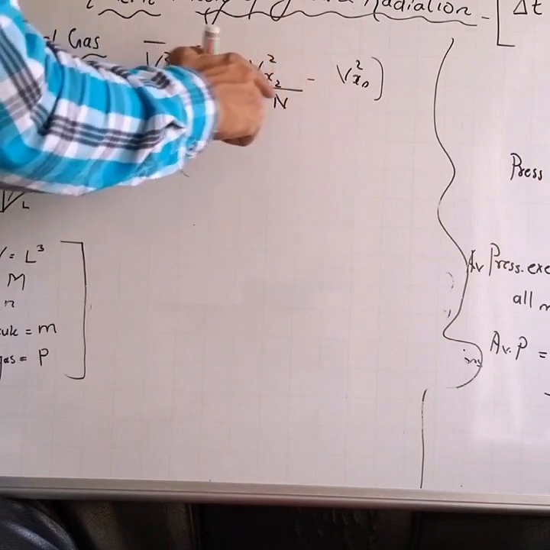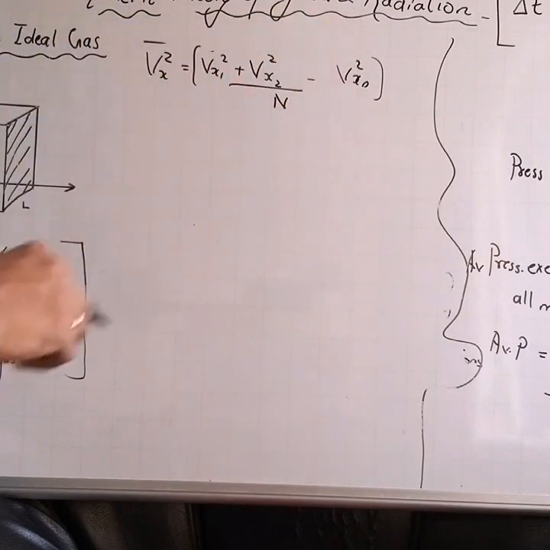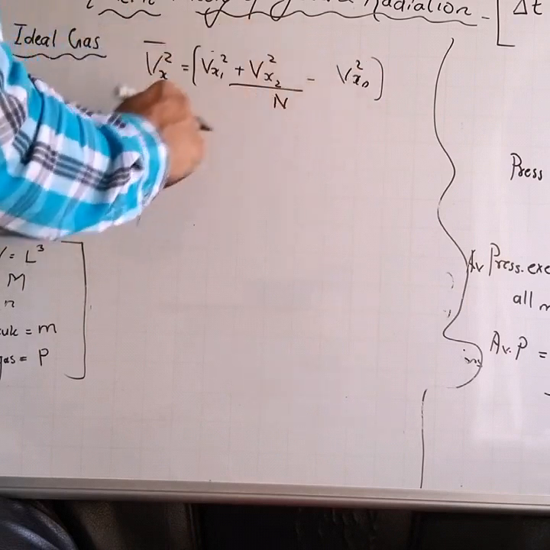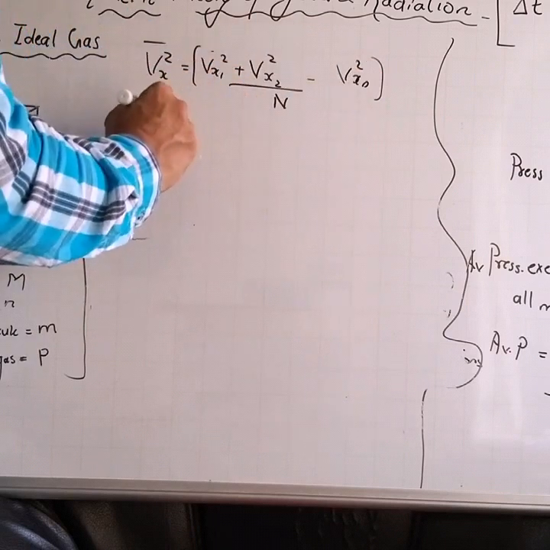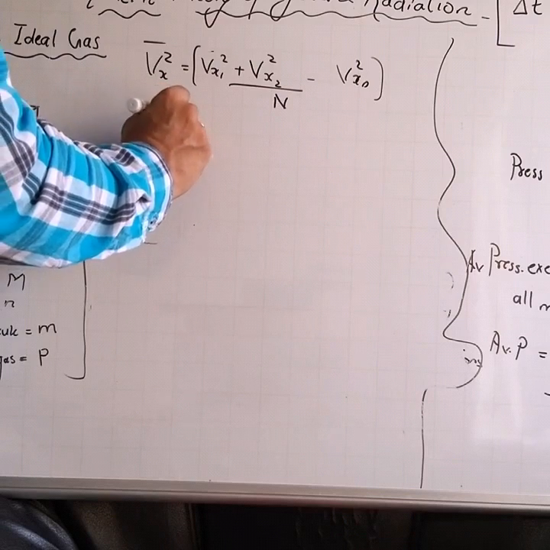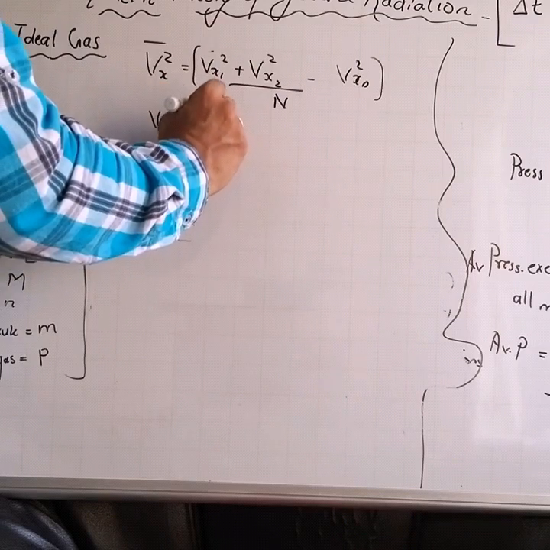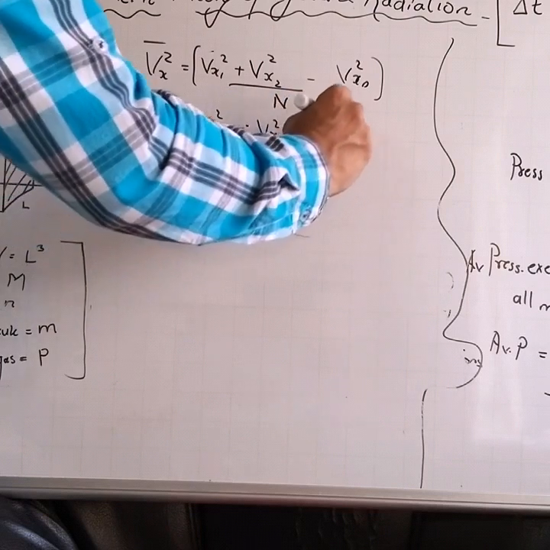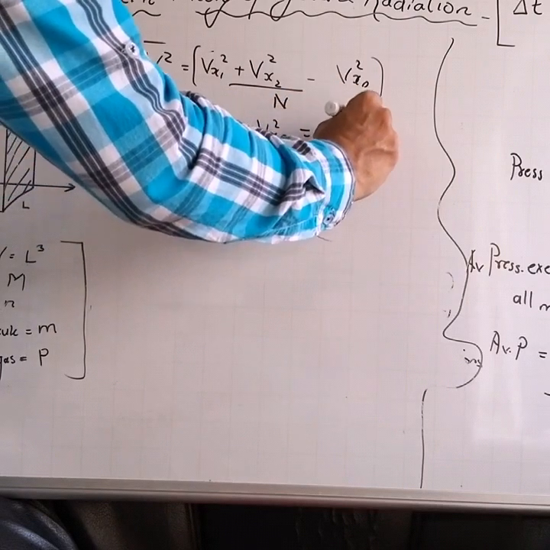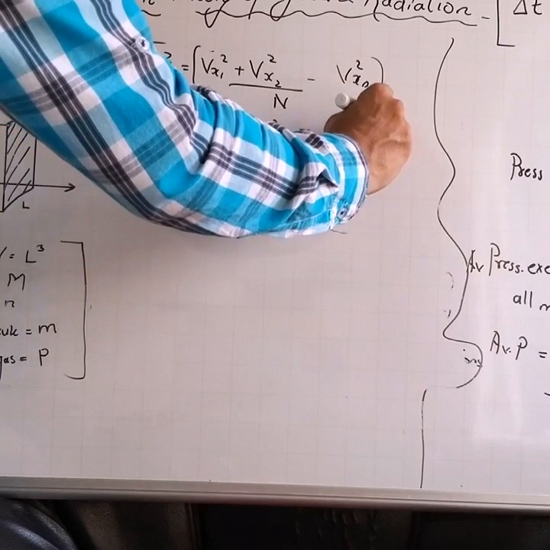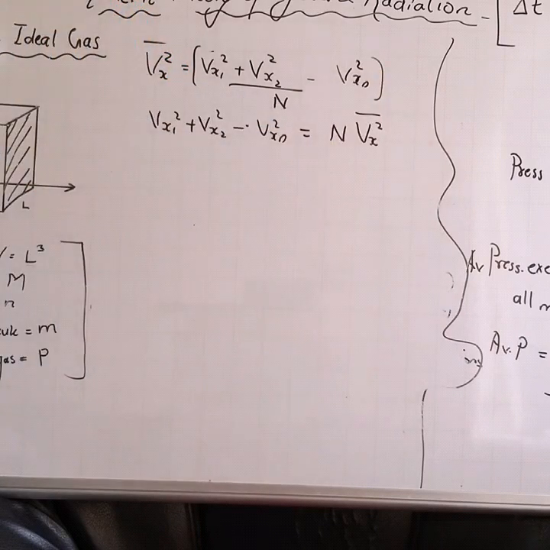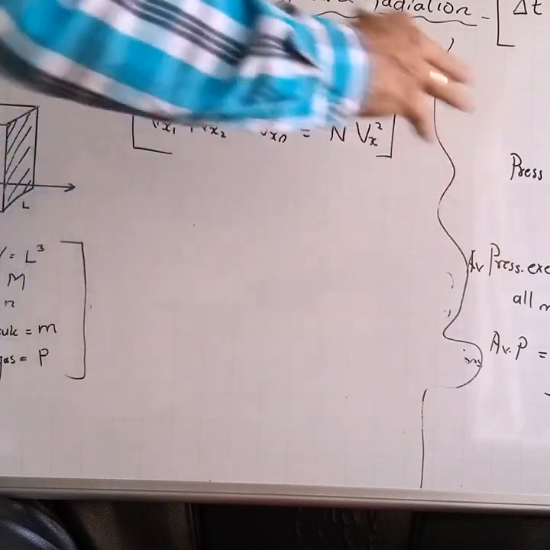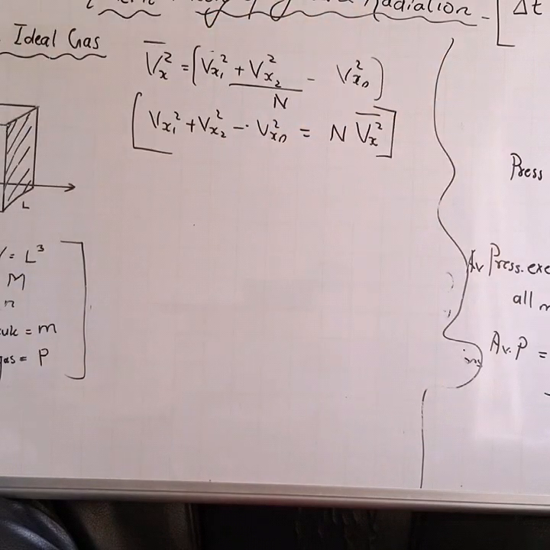All these are the velocities, average velocities along what? X-axis, and I take the average of all this. What I get is Vx1 square plus Vx2 square up to Vxn square equal to n into Vx square bar. Okay, I get this particular formula which I substitute in our equation.